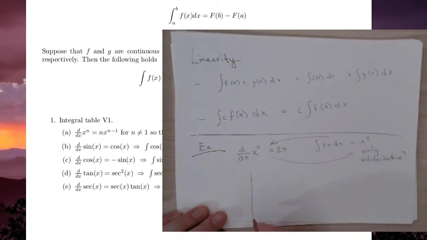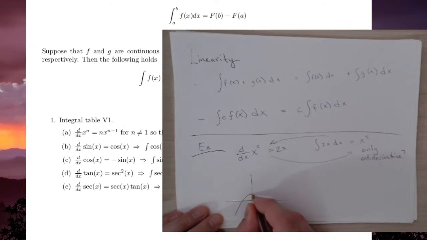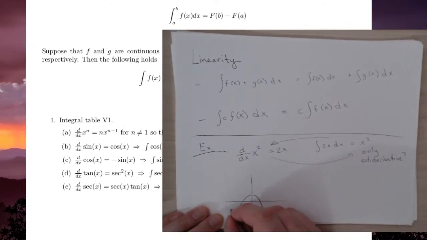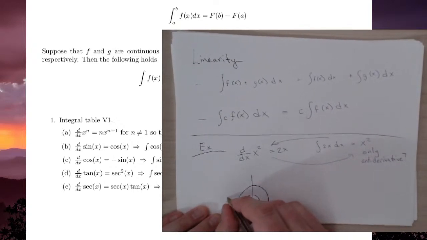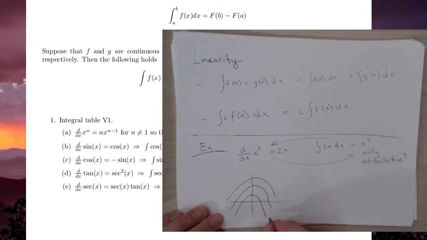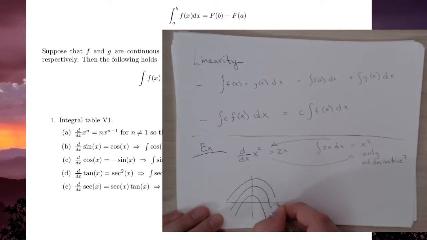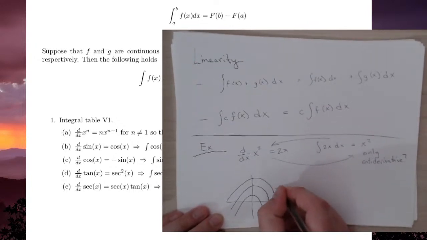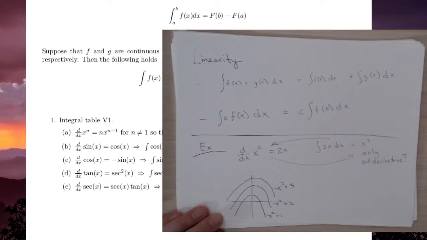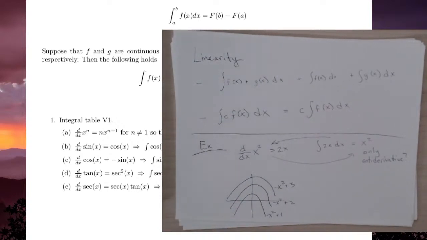So the thing to notice is that derivatives don't care. I know these look funky, but pretend this is negative x squared plus 1, negative x squared plus 2, and negative x squared plus 3. Plug and play. So here's three functions: negative x squared plus 1, negative x squared plus 2, negative x squared plus 3.